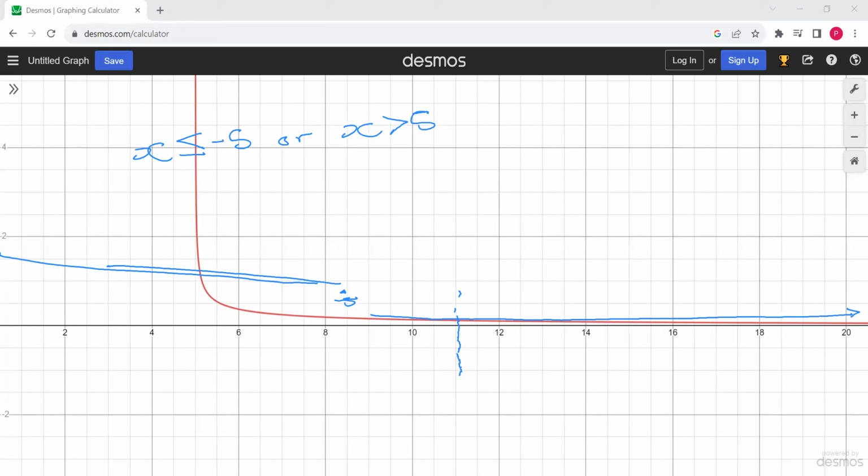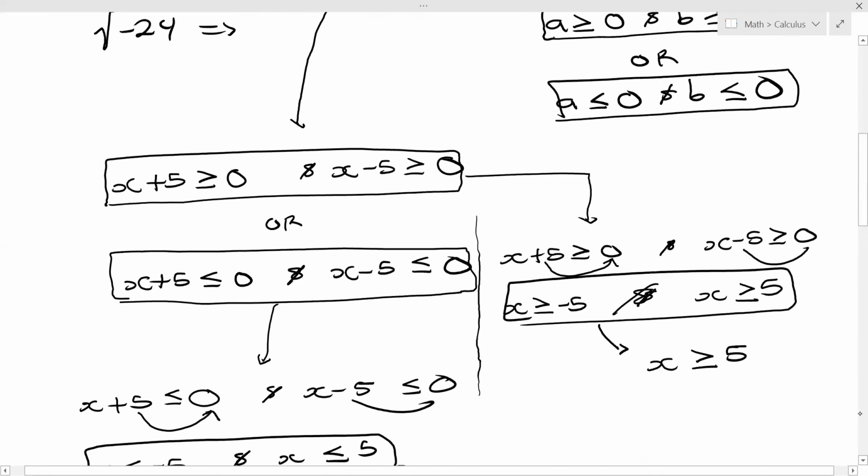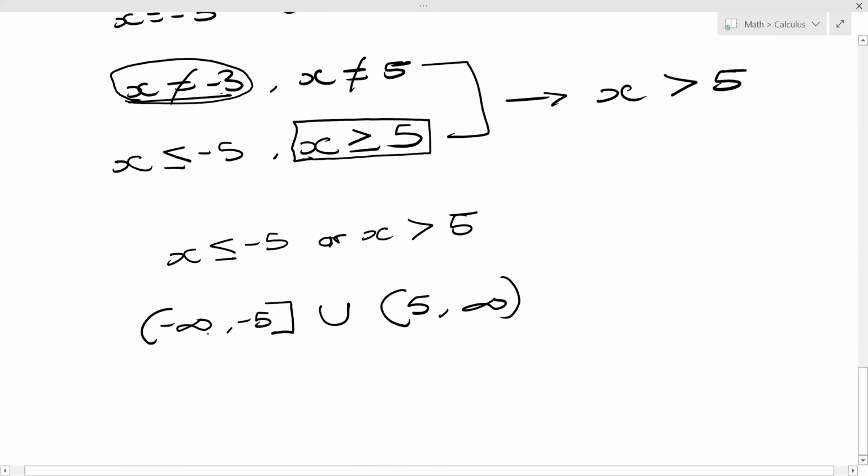So we can establish that. Let me go back to my whiteboard. So we can establish that the function is continuous for these intervals, these ones here.